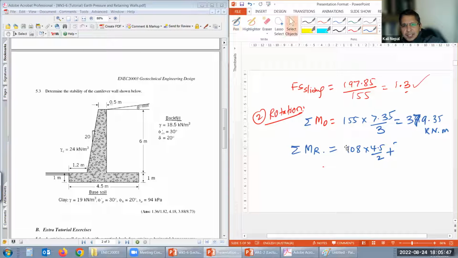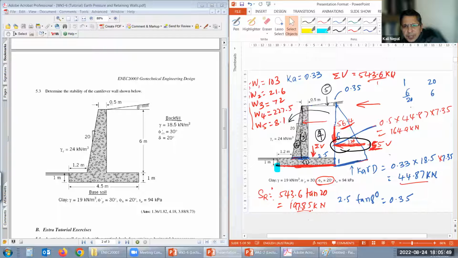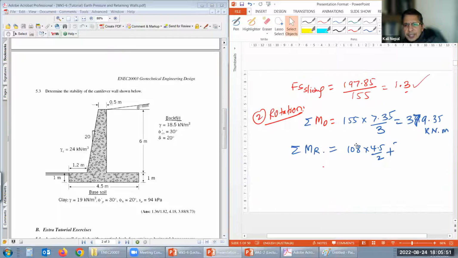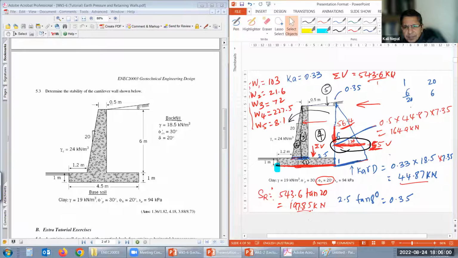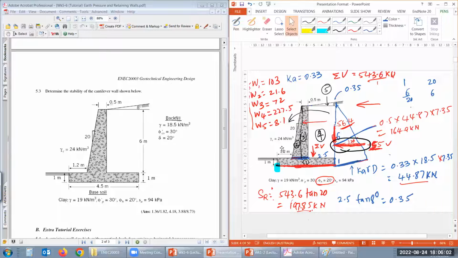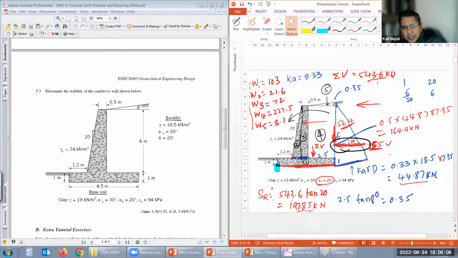How about the second one, W2? W2 is this one. The area was 21.6, right? The 21.6 load times how far the force acts now. It acts at one third, plus 1.2. Two-thirds of that is 0.2, so 1.2 plus 0.2 is 1.4. Makes sense? Because this is 0.3 at the bottom, right?